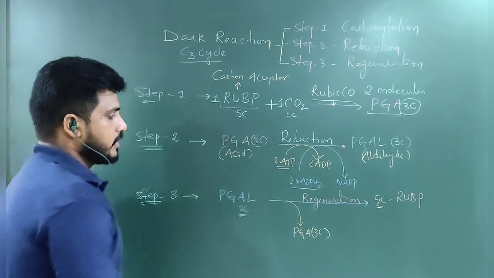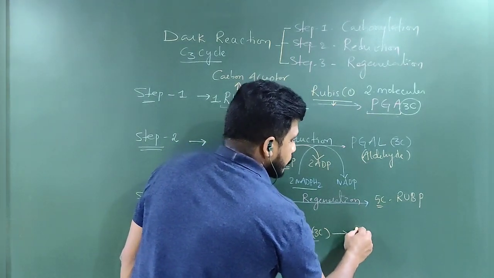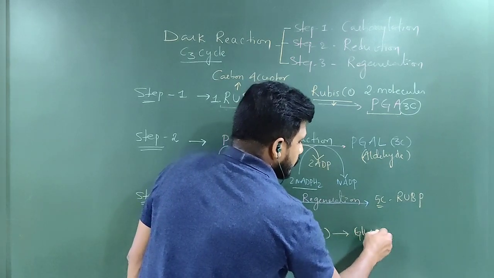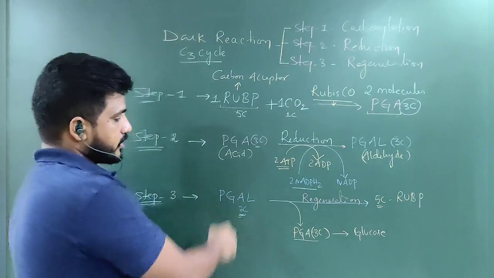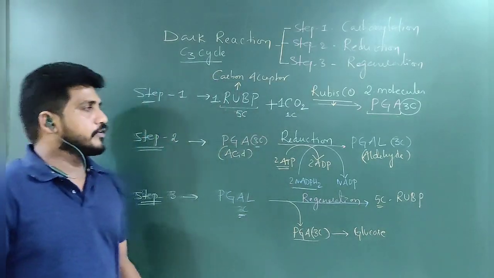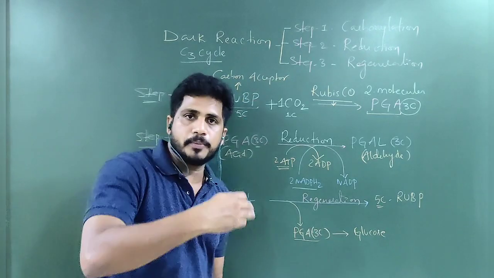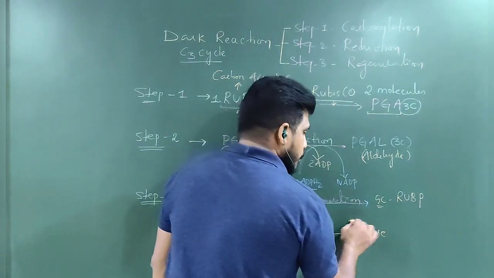You got that concept. This 3-PGA's future is glucose. It is a triose, and another triose comes. So now PGA becomes a glucose molecule.